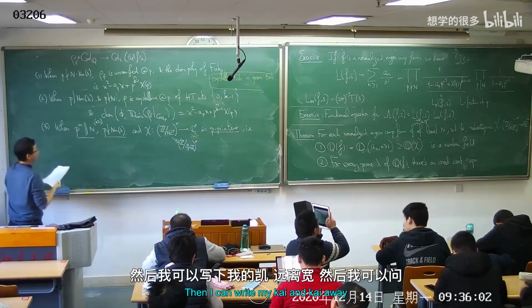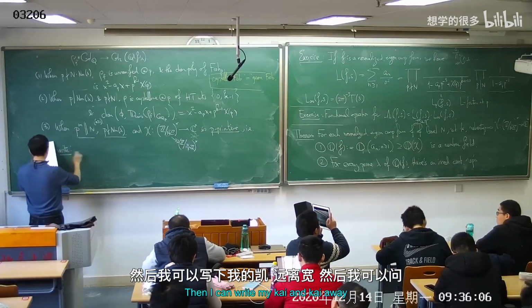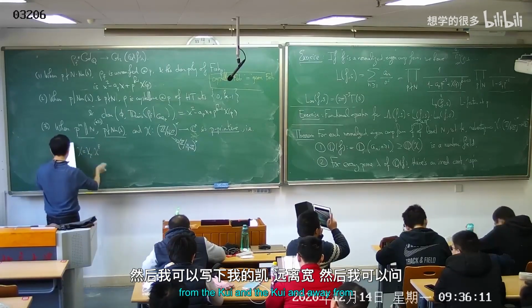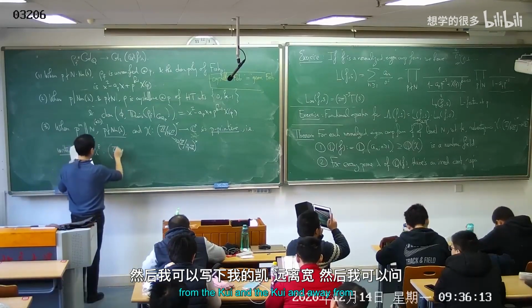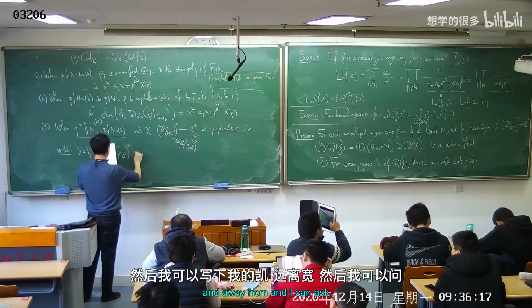Then I can write my chi as chi_p times chi away from p, the p-part of this character and the part away from p.